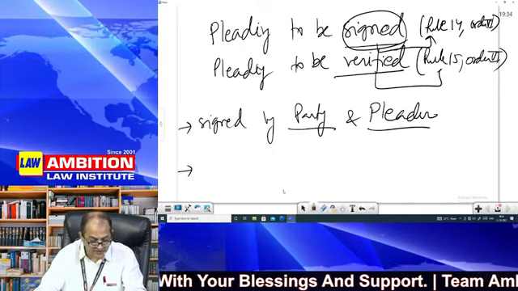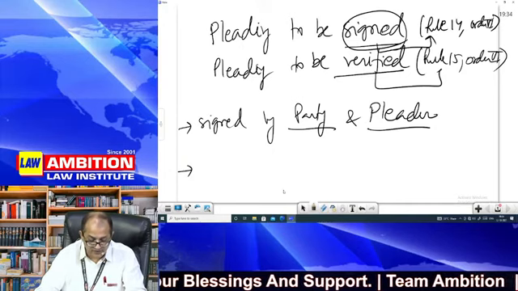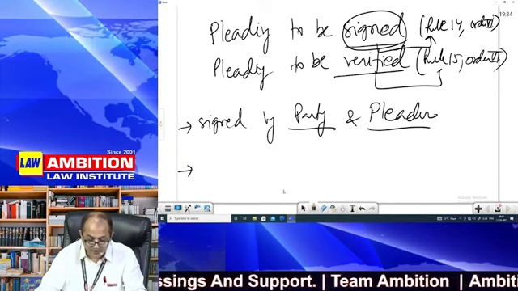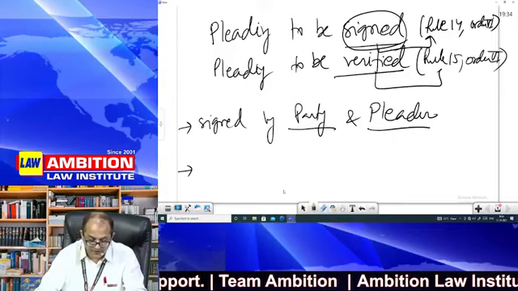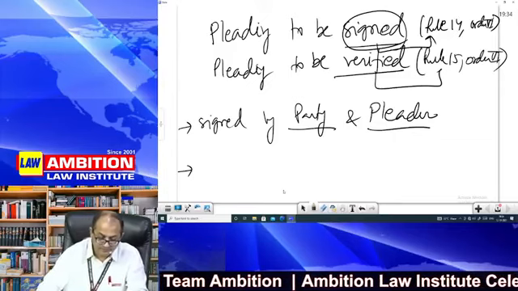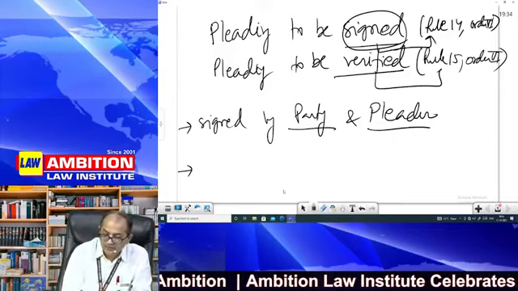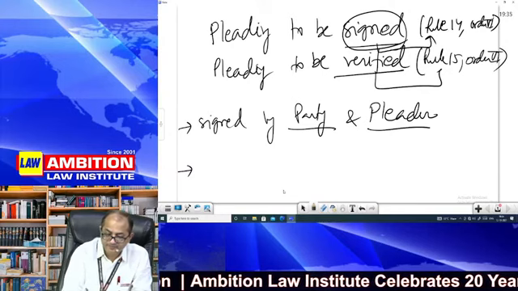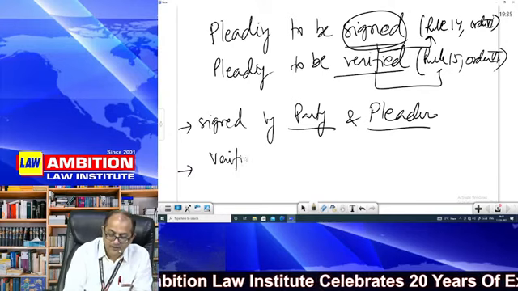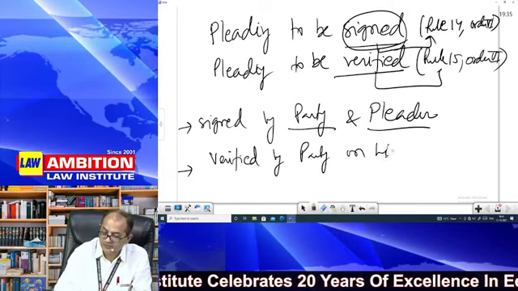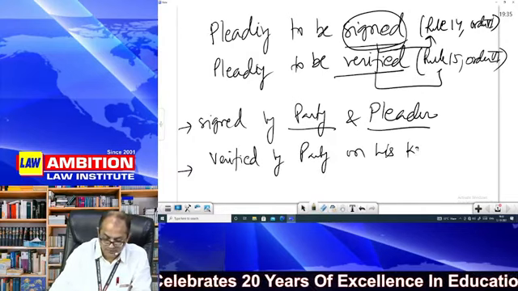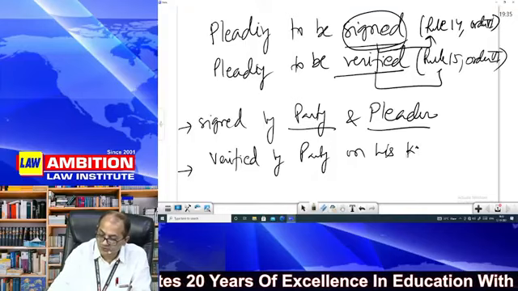The person making it shall state the date on which and place at which it was signed. The person verifying the pleading shall also furnish an affidavit in support of his pleading. So an affidavit has to be also given. Is this clear? So the pleading is to be signed and verified by the party on his knowledge, because he knows on his own knowledge.